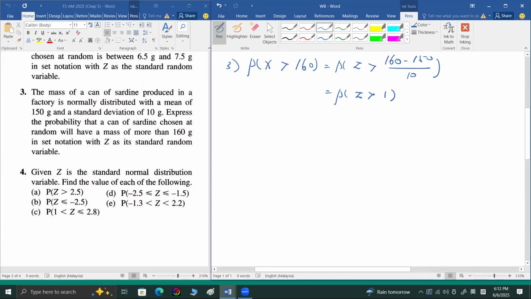Okay, starting from question 4, you're asked to find the value. I'll teach you by using calculator and also by using table. I sent to your WhatsApp already, so get ready the table and also your calculator. Class, I remember some of you in this group, most of you use MS, right? I think one or two use EX. So no choice, some MS, some EX, I still have to show you both by using calculator.